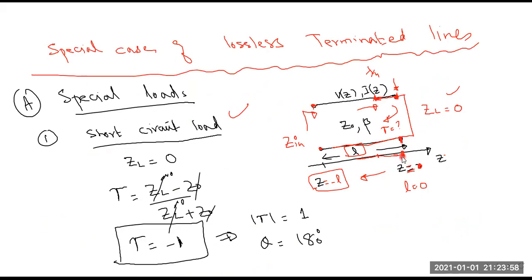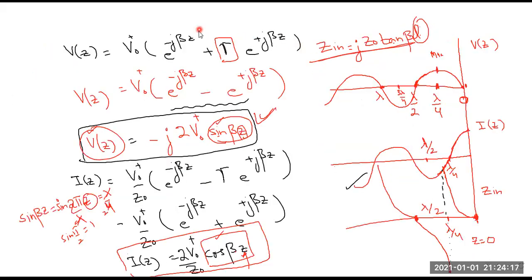But the interesting result is that if you move from this point a distance of lambda by 4 and measure the impedance, it will no longer be 0, it will be infinity. And impedance equal to infinity means you will get an open circuit behavior. So from this figure, this is your short circuit point, and this point is open circuit. But again, you can see this open circuit and short circuit behavior repeating itself. At this point again 0, at this point again infinity, and this pattern will repeat itself.